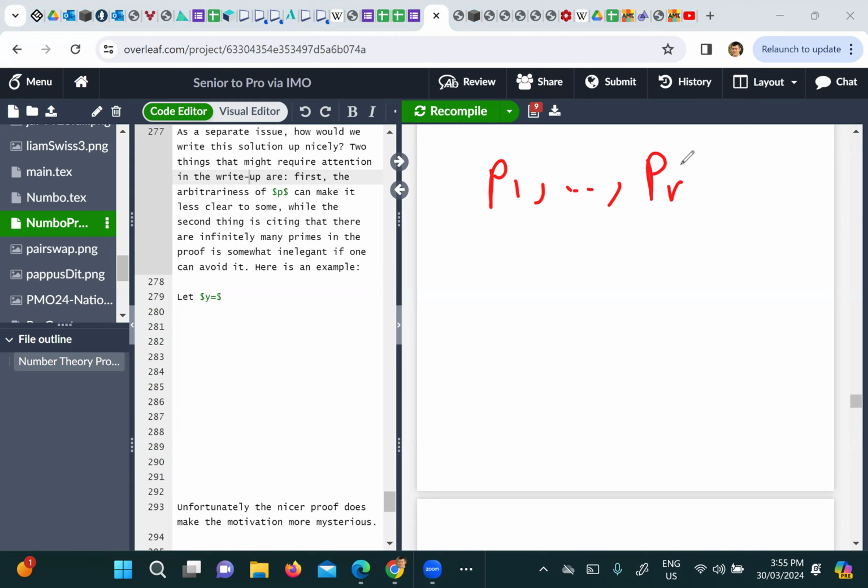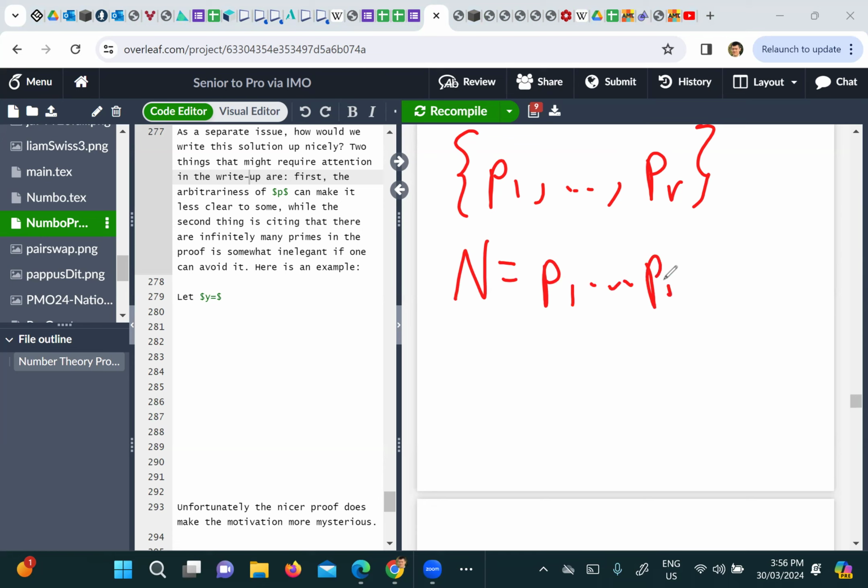But this prime factor can't be in the finite set of primes that we considered, since the number we are taking has a remainder 1 when we divide it by each of these primes in that set.